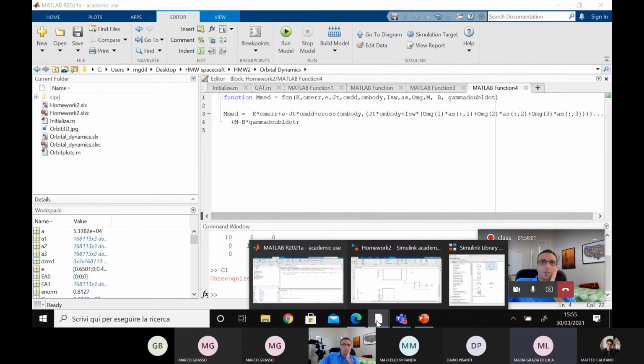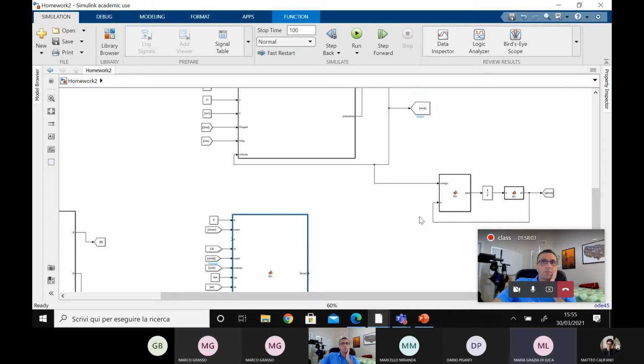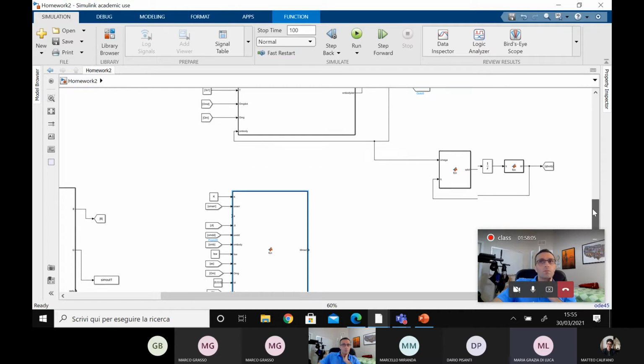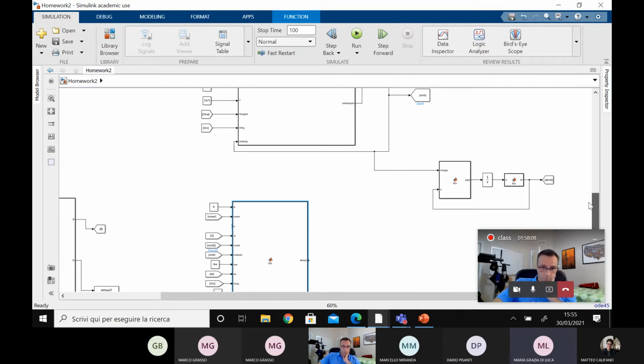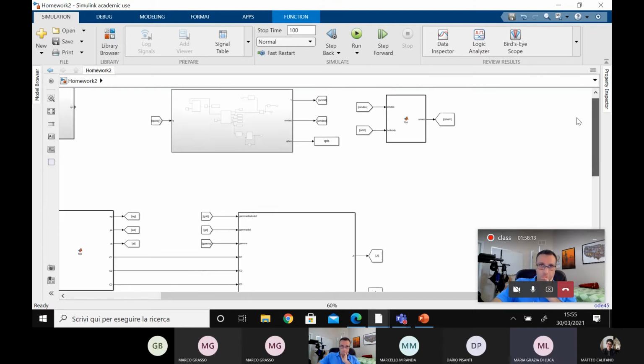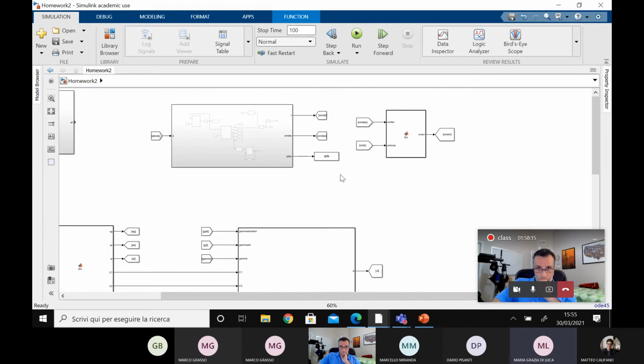Okay. So in order, because now what I have is the quaternion of the body, that is now this one with the block that we just wrote. And we also had the desired quaternion.